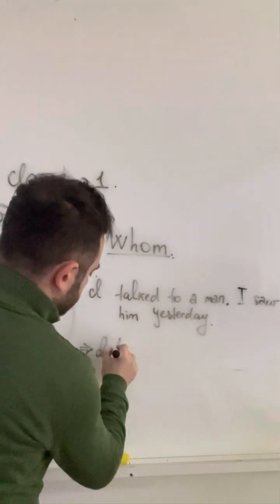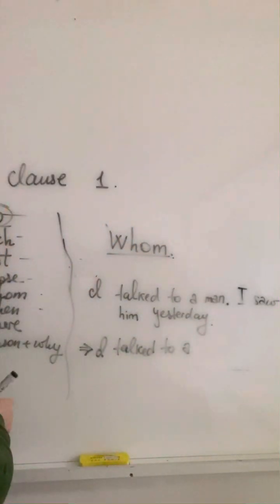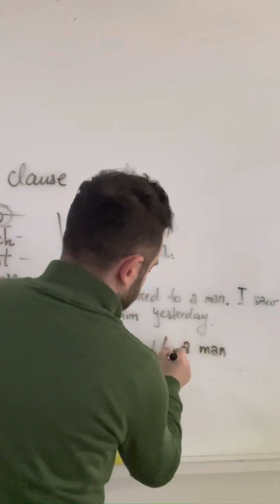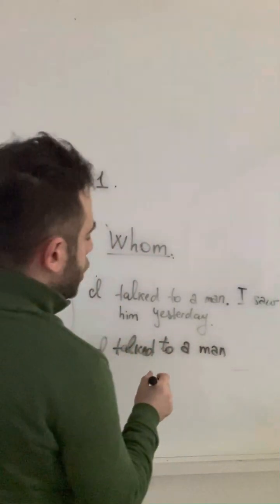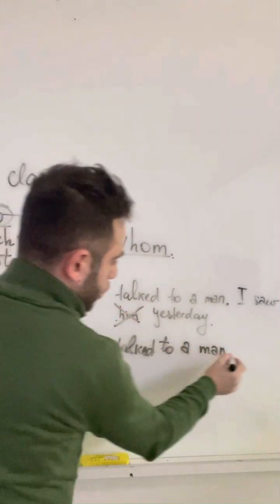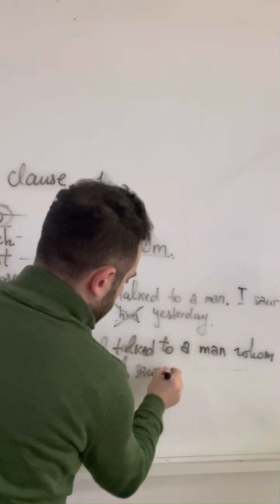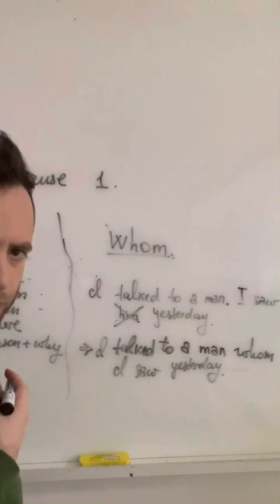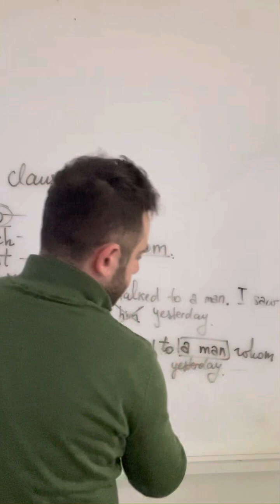So I talked to a man. Then we remove this one. Whom comes here. Whom I saw yesterday. Like this. So what is special is that again we have a person, whom.